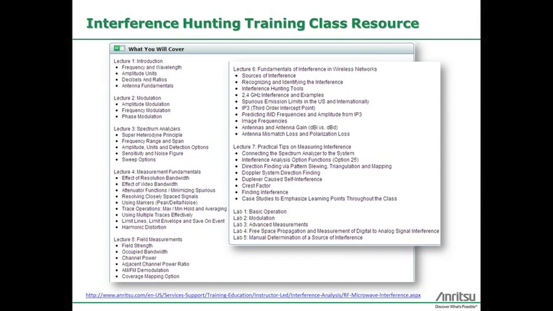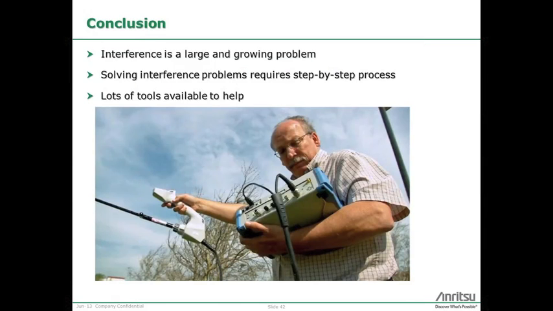One of the things that we do know is that interference is a large and growing problem. I was curious, so I went to the FCC database to see how many transmitters were within a mile of the Anritsu location in Morgan Hill, California. Within a mile, there are 521 licensed transmitters. I say that's a growing number because when I looked at the same information 2 years ago, it was something like 244.